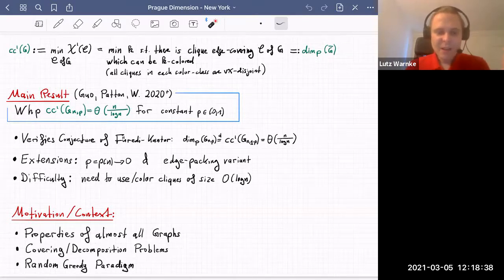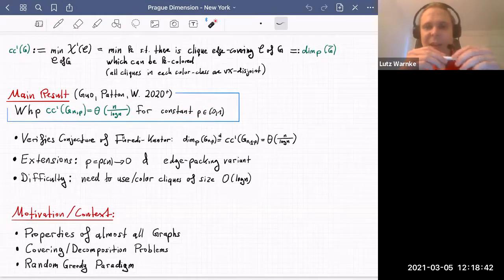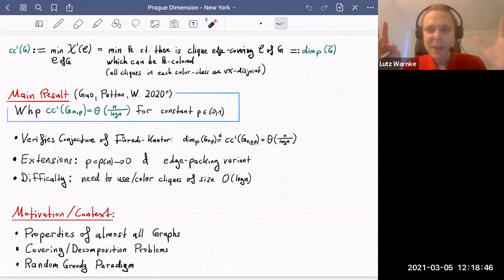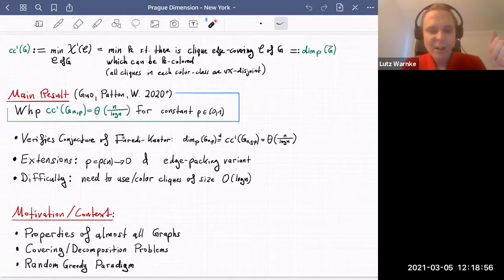The reason is this result up here: if you instantiate it for p equals 1/2, the random graph with edge probability 1/2 gives exactly a uniform distribution over all graphs with n vertices. So if you prove such a result, which says that with high probability you get certain bounds, that tells you that almost all n-vertex graphs satisfy this bound.